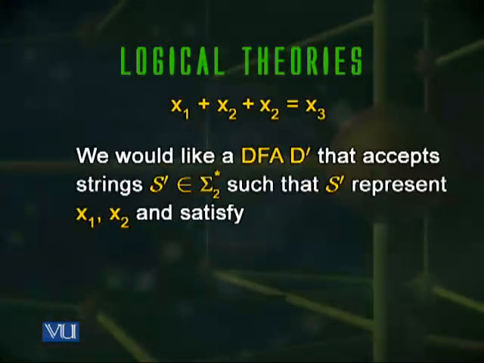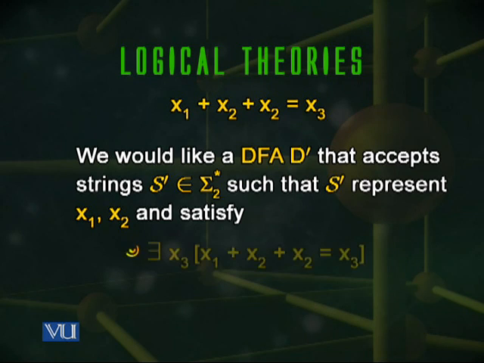What we would like is to make a new DFA D prime such that it accepts strings S prime in sigma 2 star such that S prime represents x1 and x2 that satisfy there exists x3, x1 plus x2 equals x3.